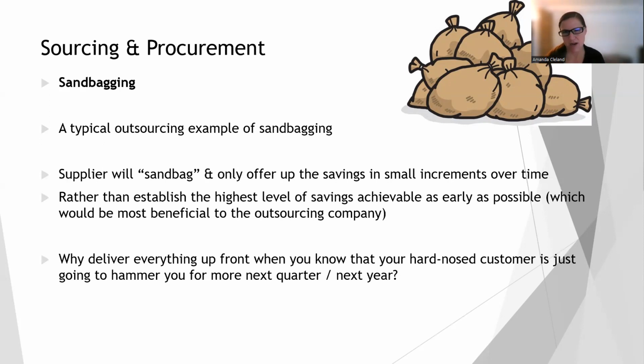They're sandbagging us. And again, they do this because they think, why deliver everything up front when we know that we have a customer that is just going to continually hammer us for more savings next year, next quarter. So this is an example of the supplier holding back and sandbagging us.